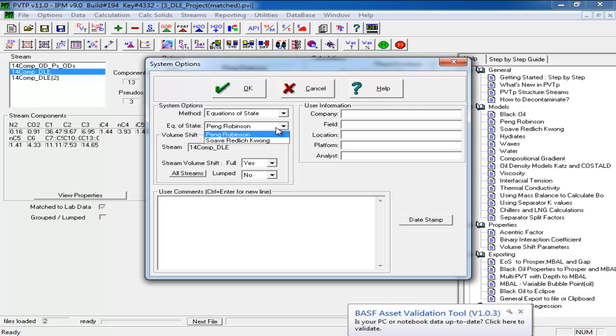So it means that our measurement is along this line. This is DLE. In the separator test, we start from saturation pressure, but we change the temperature and the pressure to what we will have at the surface. Because as you know, the oil will come from the reservoir to the separator. And this separator may be two stages.